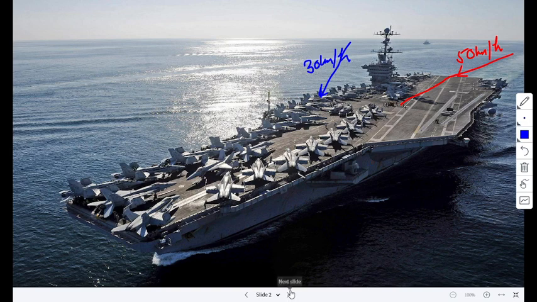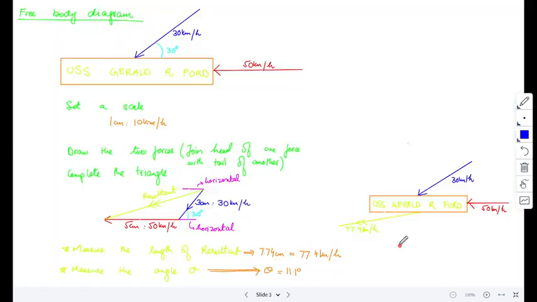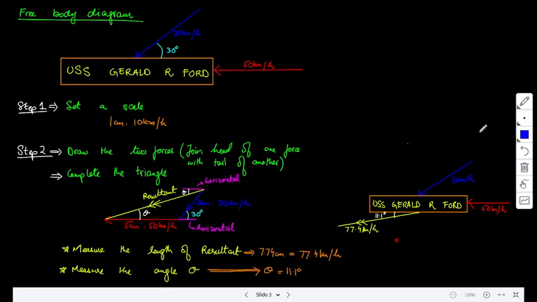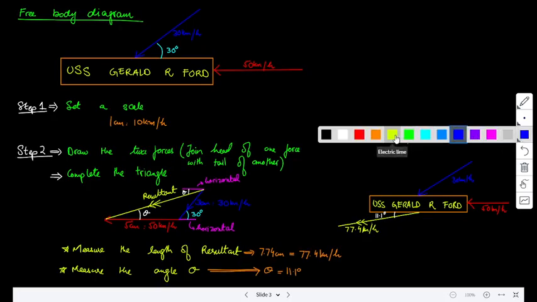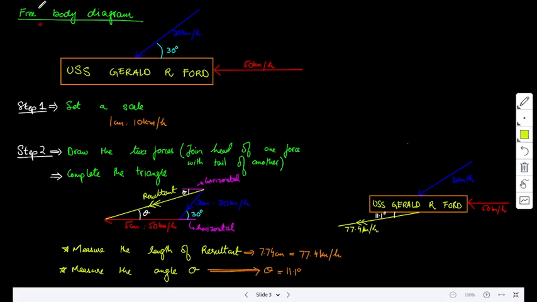For this, let's try to use the triangle law of vector addition. As these two are vectors, the velocity of water is a vector quantity, and so is the velocity of the aircraft carrier. To use the triangle law of vector addition, the first thing you need is a free body diagram. This is a free body diagram.